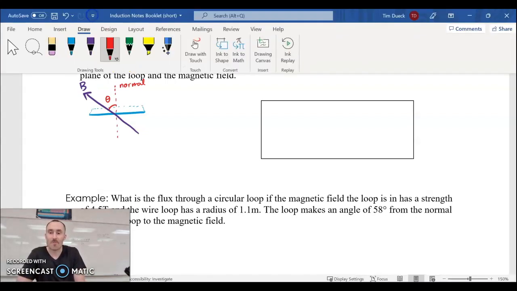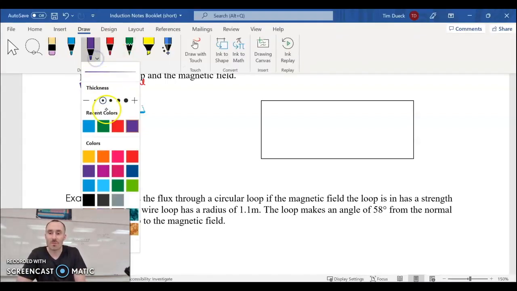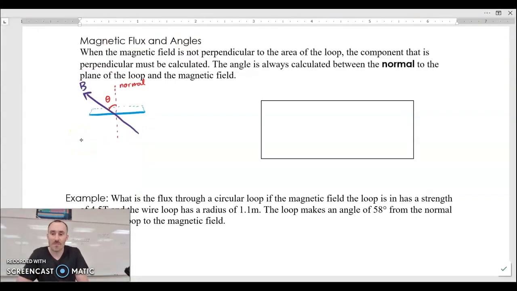Okay, and so our components would look something like this. If I split my field vector into components, I would have a parallel component and a perpendicular component. Now I said parallel and perpendicular in what seems to be a strange place, but I was talking with reference to the normal line.